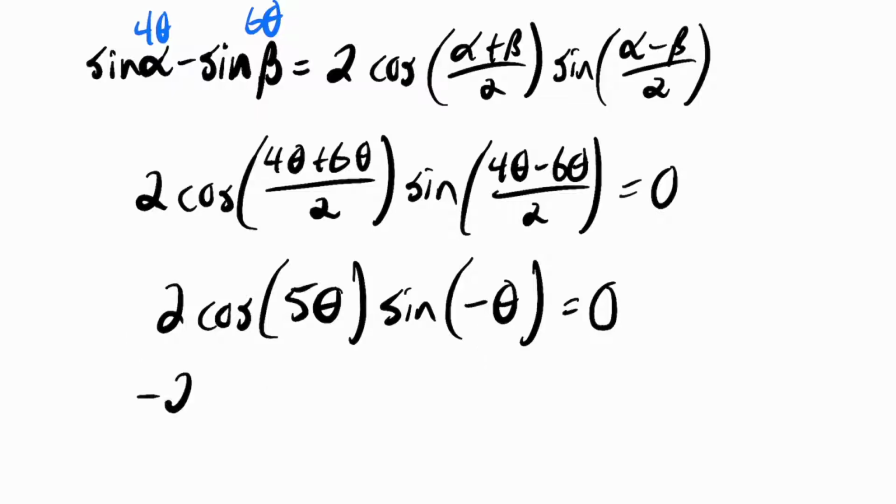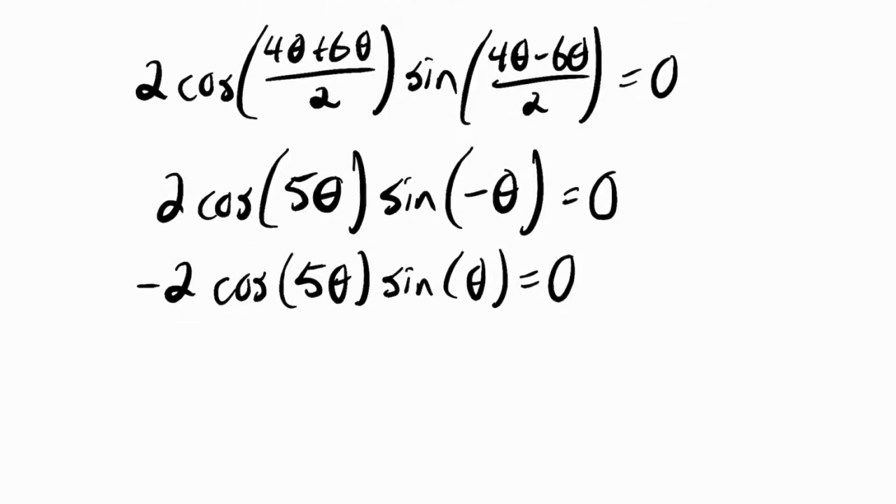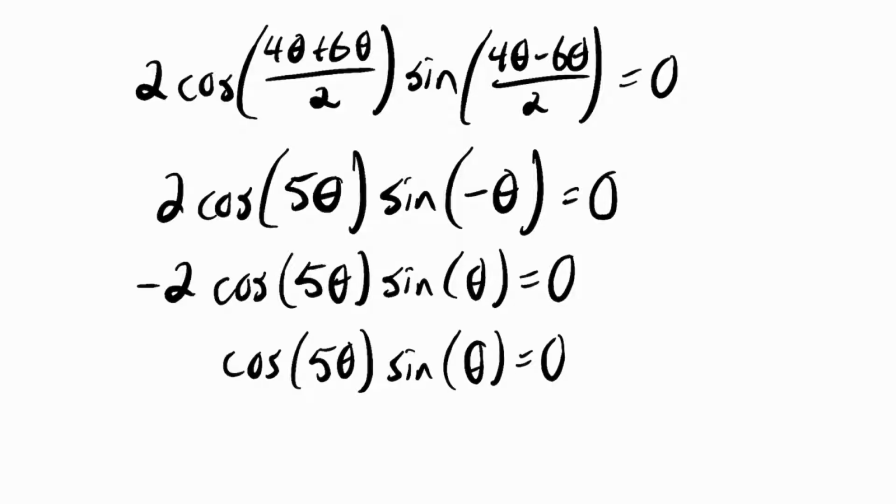So minus 2 cosine 5 theta times sine theta equals 0. Okay, and then I can divide both sides by negative 2. So this reduces to cosine 5 theta times sine theta equals 0.